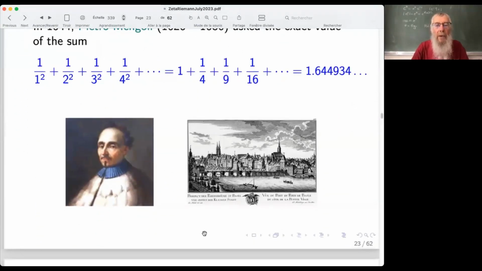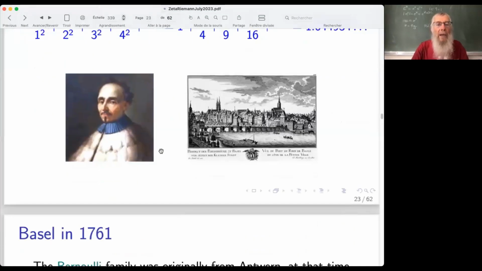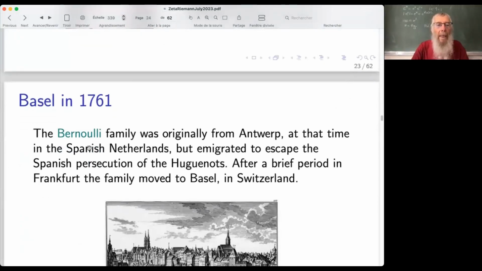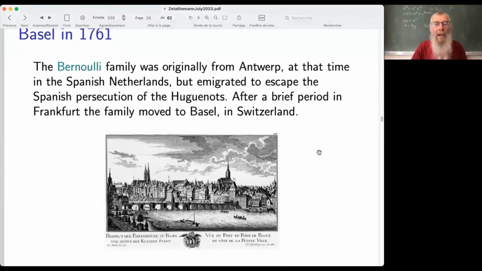So this is Pietro Mengoli, and it is called the Basel problem because the problem was posed in Basel. The Bernoulli family was originally from Antwerp, which was in the Spanish Netherlands, but the Bernoulli family emigrated to escape the Spanish persecution of the Huguenots. And after a brief period in Frankfurt, the family moved to Basel in Switzerland.